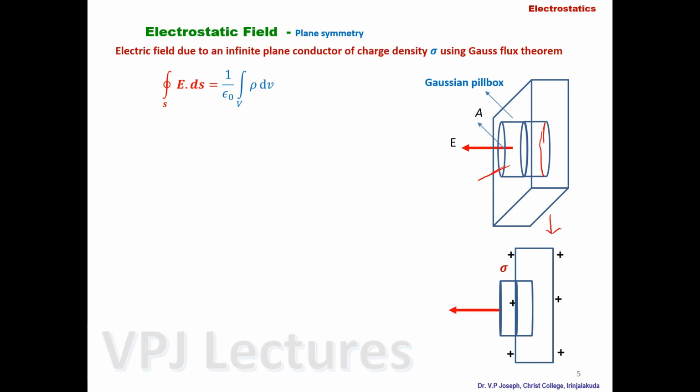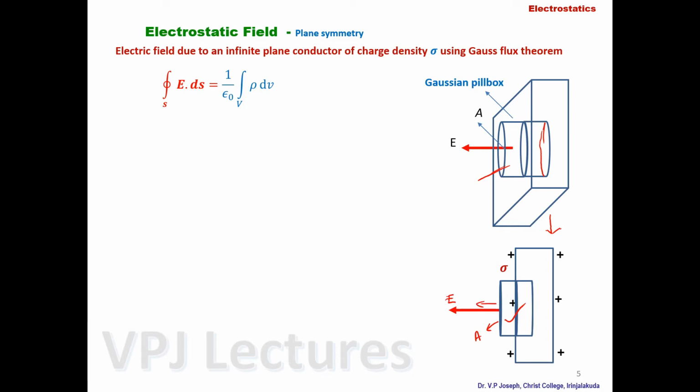And for simplicity, we are able to draw this in this form. This is the conductor, and this is the Gaussian pillbox, a cylindrical shaped Gaussian pillbox, and the area is taken as A, and here this is the electric field.